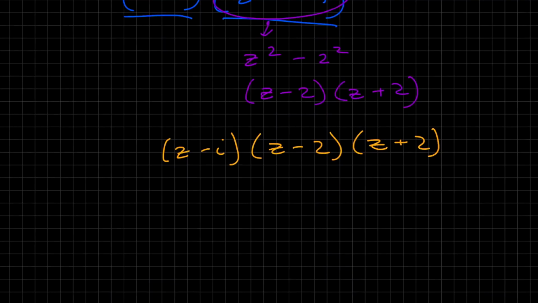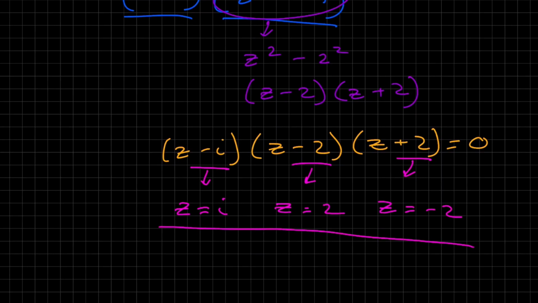Now again, solving this equation should be very easy. We can use our null factor law, and using the null factor law, this part of the equation should give us a solution of z equals i. This part should give us a solution of z equals 2. This part should give us a solution of z equals negative 2. So these are our three solutions to the above equation.